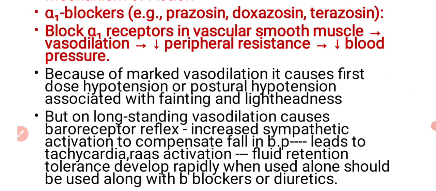Initially the balancing mechanisms are not activated, so this causes hypotension, especially in the standing position, which causes orthostatic hypotension. That's why alpha blockers should be used in lower doses in the beginning.